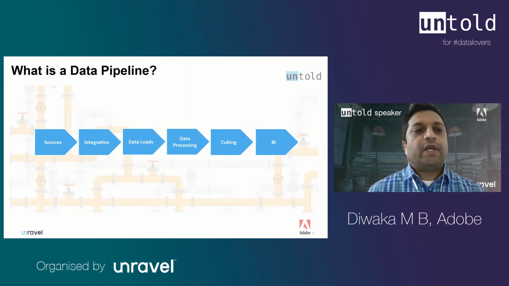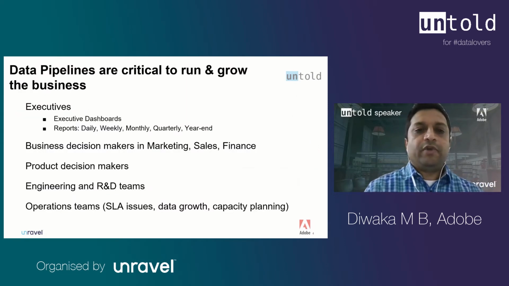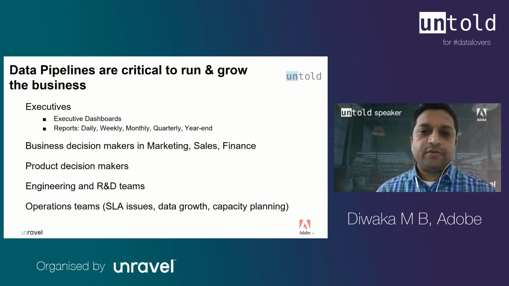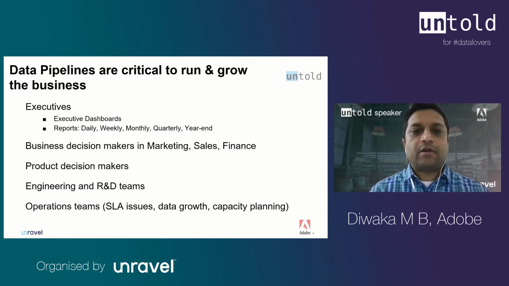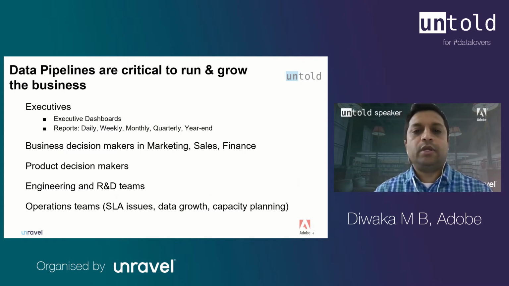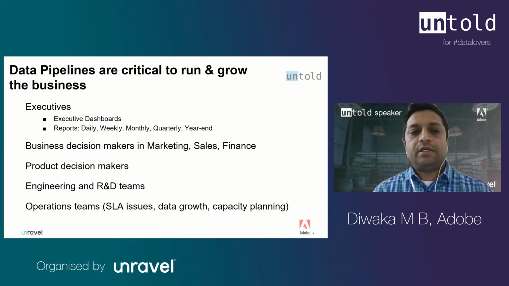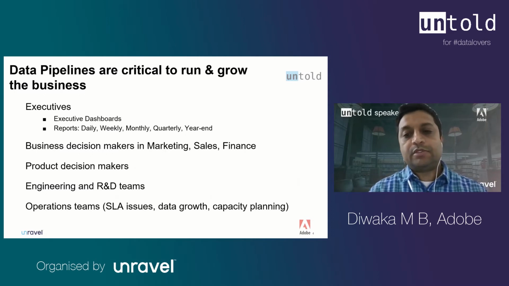Moving ahead, who are the consumers of these data pipelines? There are various personas. Executive dashboards are used by executives almost on a daily basis, and are very critical for quarterly reporting and at year ends and month ends. Then there are the business operation teams like marketing, sales, and finance, and other operation teams like procurement, maybe even HR.